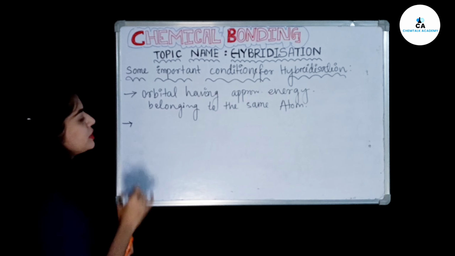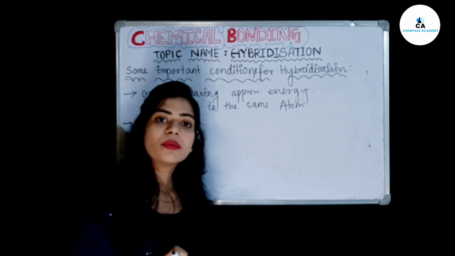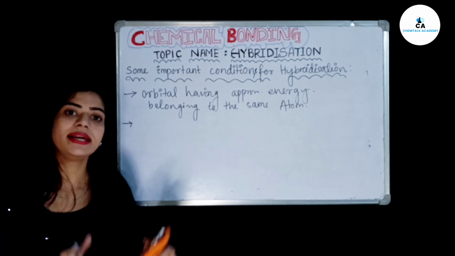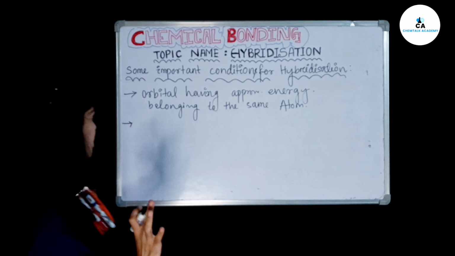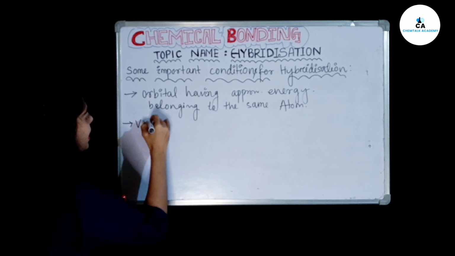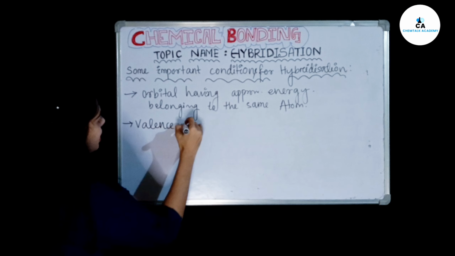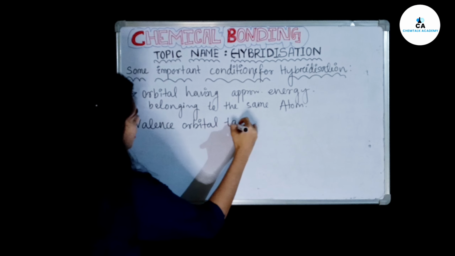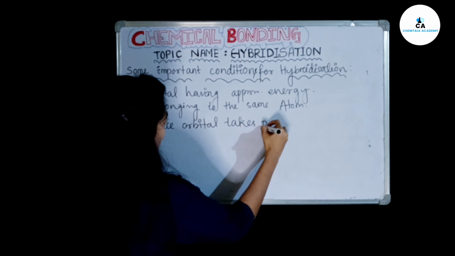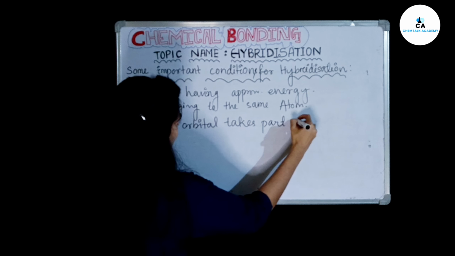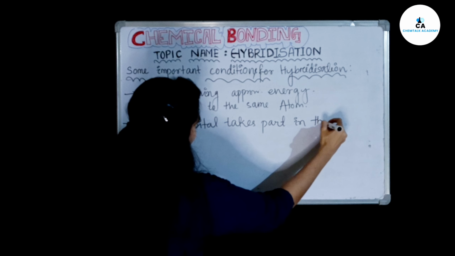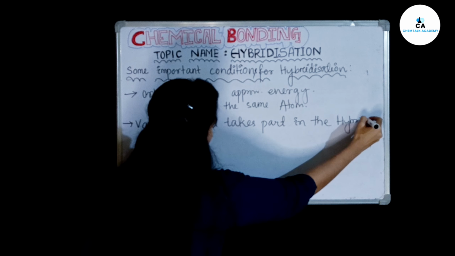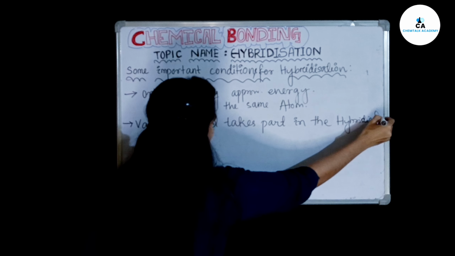Now the second condition is that only those orbitals which are present in the valence shell can participate in the hybridization. Means we can write here: valence orbital takes part in the hybridization.